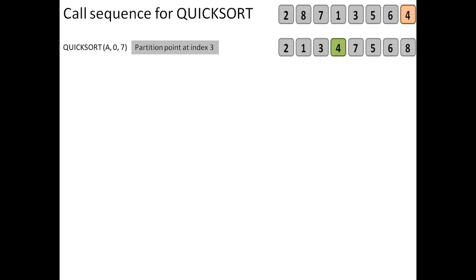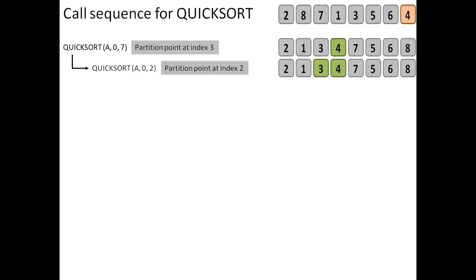Now the quicksort procedure is executed for index positions 0 to partition point minus 1, that is index position 2. Since we are taking the last element as the pivot, that is we are taking element 3 as pivot now, and it is at its correct position already, the partition point now obtained is index position 2.